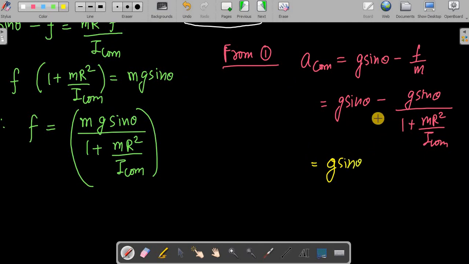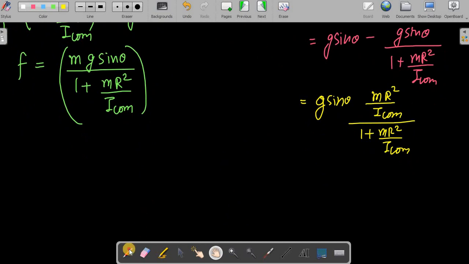I think now you can take g sin theta common and just check what you get. G sin theta you take common, 1 minus this ratio, right? So 1 plus this minus 1. So in the numerator you will get m r square by I center of mass, and in the denominator it will be 1 plus m r square by I center of mass. I think you can divide it by that factor.